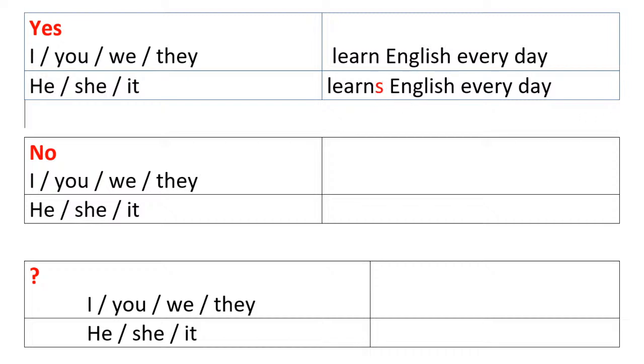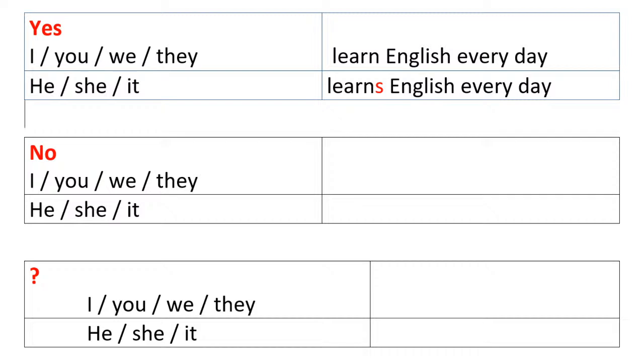And you will say, he learns English every day. She learns English every day. And it learns English every day. Of course, you cannot say it because it is usually for things or animals, but for practice, let's practice. It learns English every day.